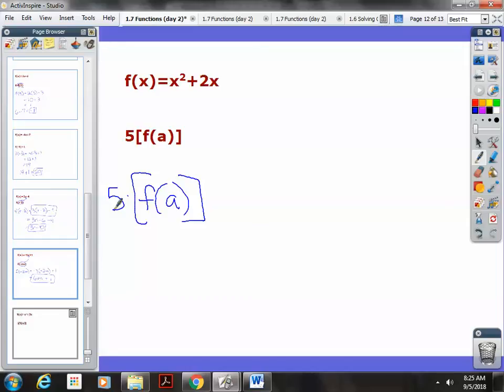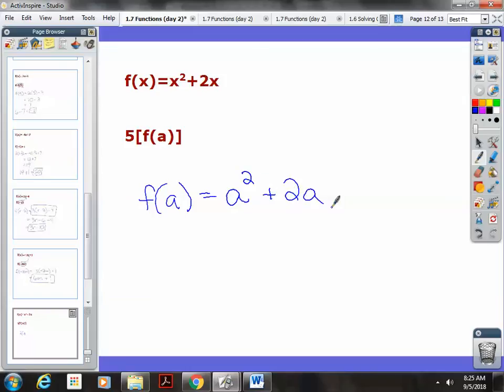So let me back up. Let's first find f of a. So let's replace x in our function with a. A to the second power plus 2a. I just took out all the x's and put an a. That first step okay? Just my substitution step. X is out, a is in its place.